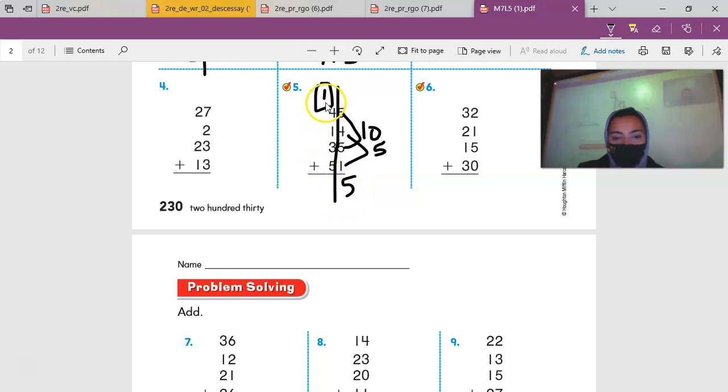And then 1 plus 4 is 5, and 5 plus 1 is 6. So all 3 of these numbers make 6. And then 5 plus 3 is 8. Now 6 plus 8 is 14.